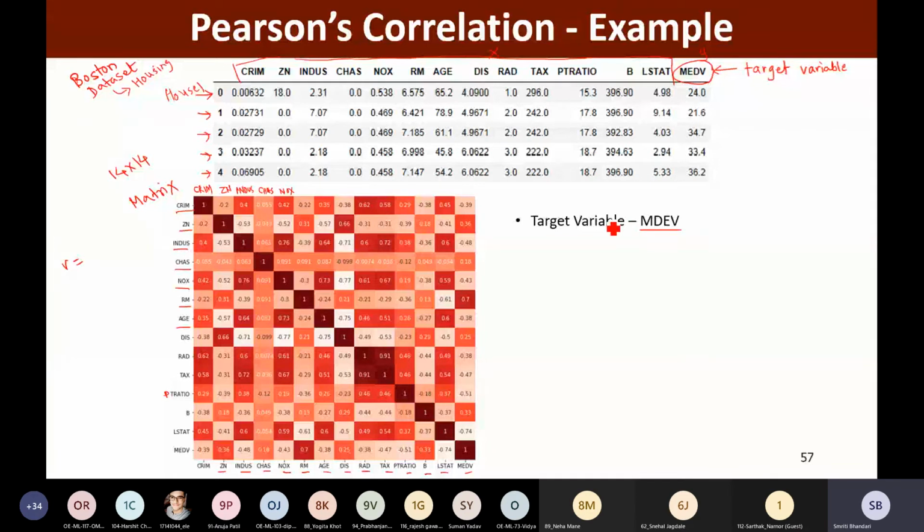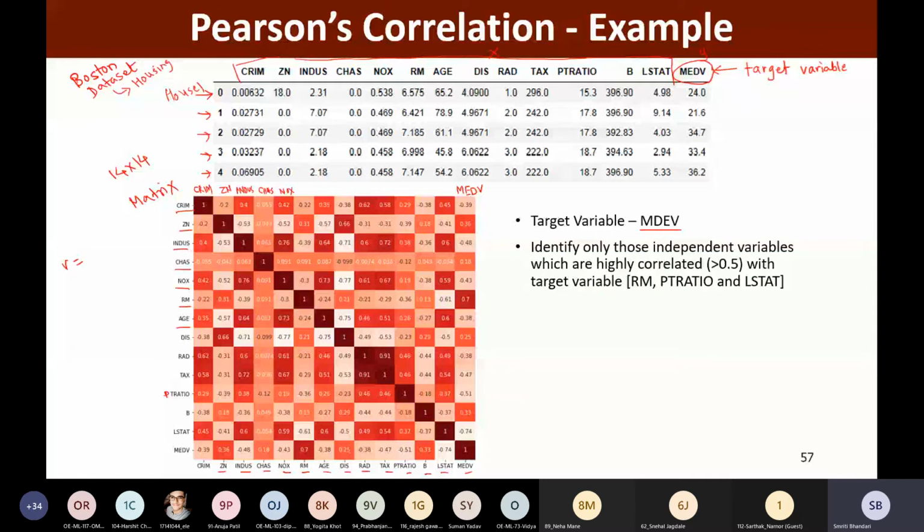So obviously what we would like to do is find the strong correlation between these independent variables and this dependent variable. So if I want to predict this MEDV, which are the highly correlated features out of these 13 is what I would like to find out.